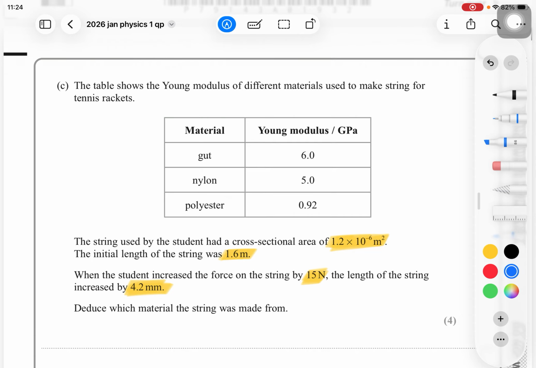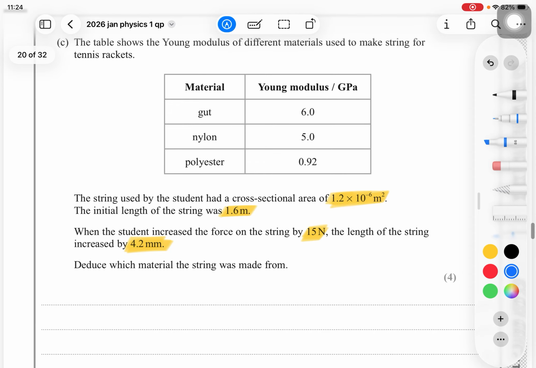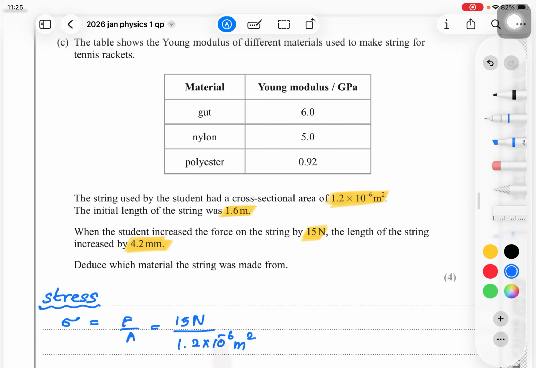It's always a better idea to have each variable separately. So to get the stress, we can go for stress, which equals F divided by A. Our force is 15 newtons divided by area. The area is 1.2 into 10 to the power negative 6 square meters.